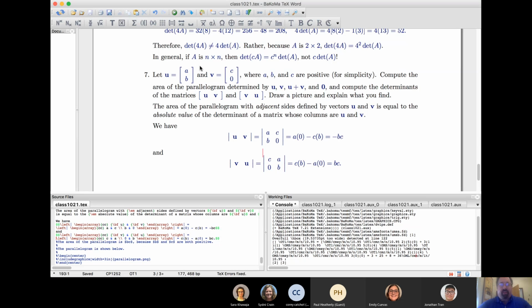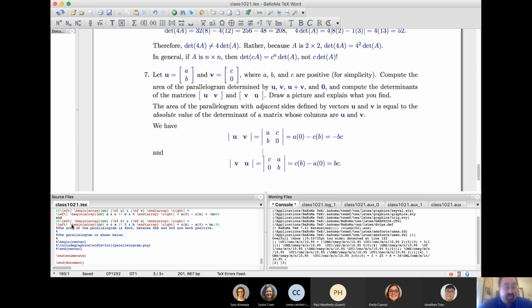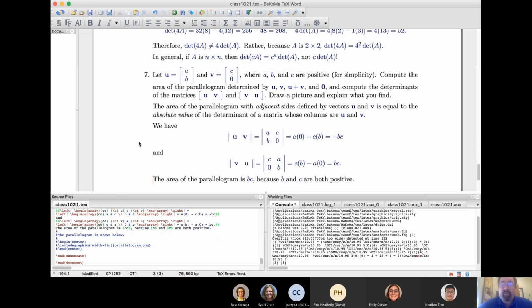But that's a result of the other side sitting on the x-axis. Okay. And since it's assumed here that B and C are positive, we can say the area is BC.